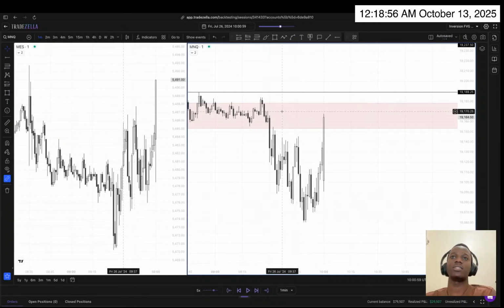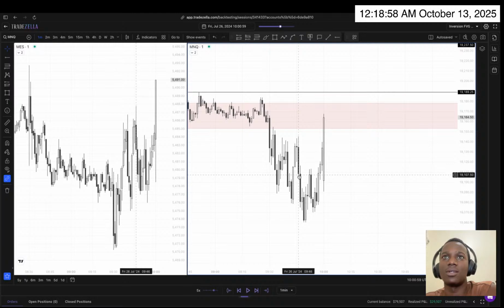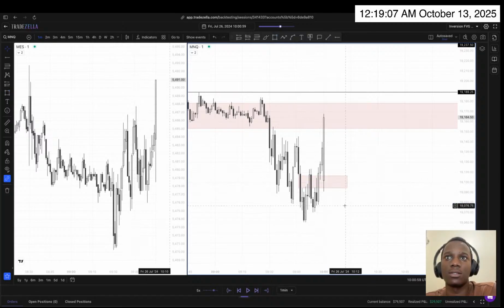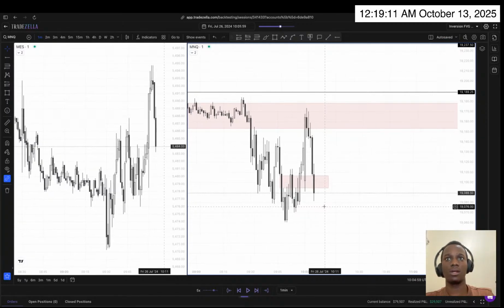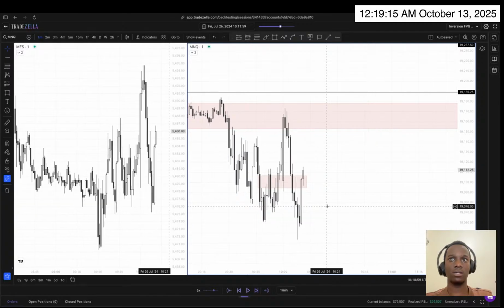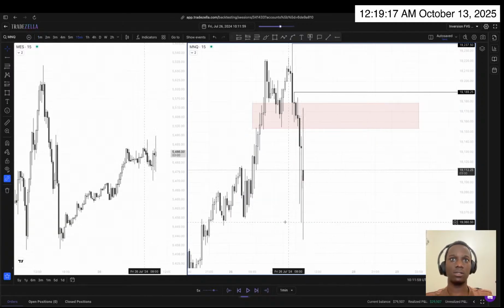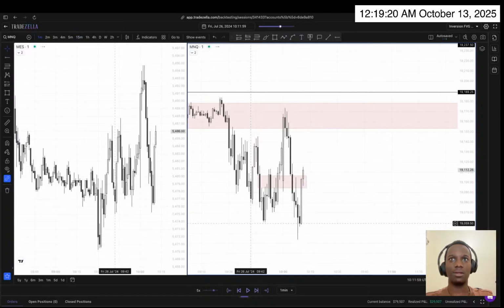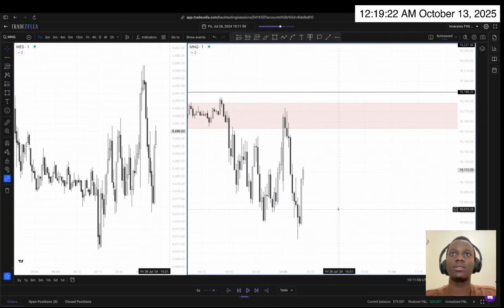Many multiple SMTs here, and then here inversion. Okay, another potential entry day.